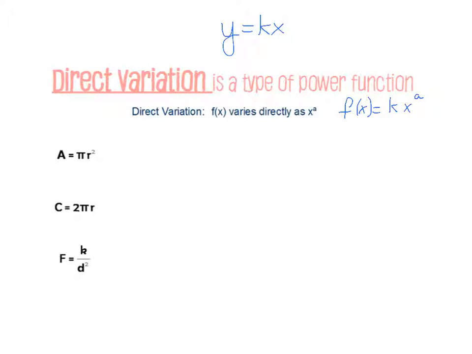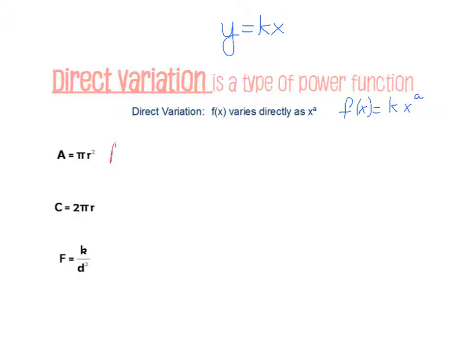Let's review some of this direct variation that you've done in the past. I'm going to take this formula right here and turn it into a nice statement of variation. That's called a statement of variation. If you know what your formula is, and you should know this is the area of a circle, when you write your variation statement, go ahead and use words that you know what they mean. Like A stands for area.